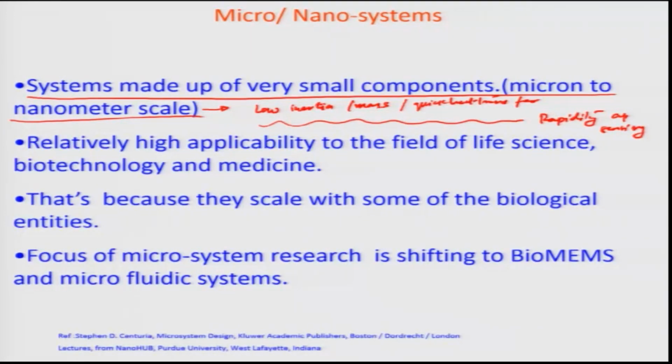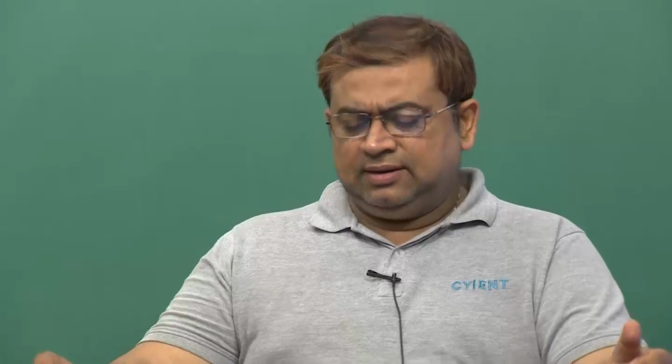Therefore, they are fast responding as systems and they can quickly diagnose something, detect something or even actuate, although you have to somehow magnify the effort of such a system to feel that actuation on a scale which is more realistic for components or systems in the normal engineering arena.